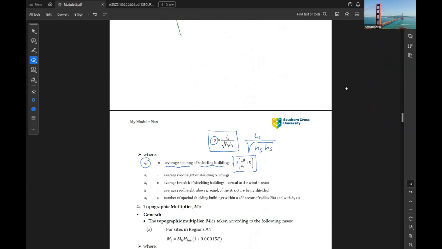Where HS is the average roof height of the shielding buildings, BS is the average breadth of the shielding buildings normal to the wind stream, H is the average roof height above ground of the structure being shielded, and NS is the number of upwind shielding buildings within the 45-degree sector of 20 times height, with HS more than H.